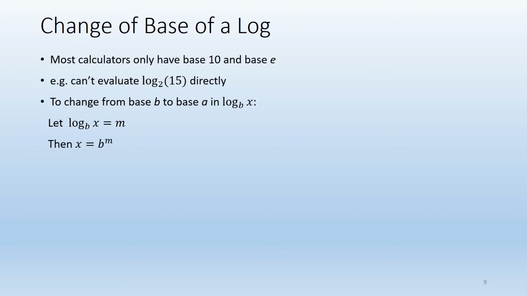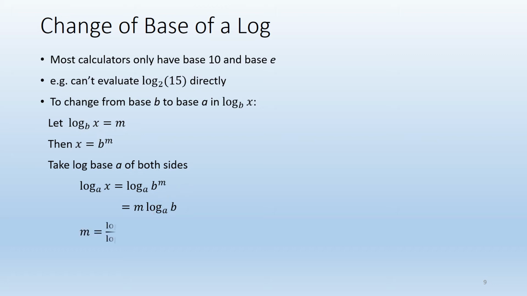We can then rewrite that equation as b to the power of m is equal to x. We can then take log base a of both sides of that equation, and then we can use our log law to bring the m out of the log on the right hand side.